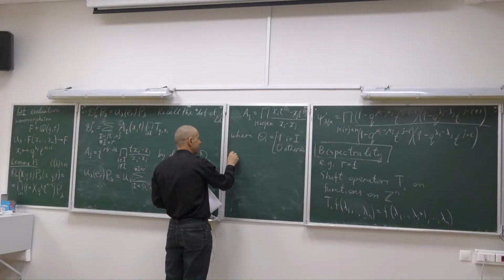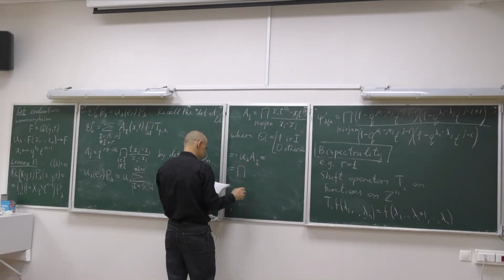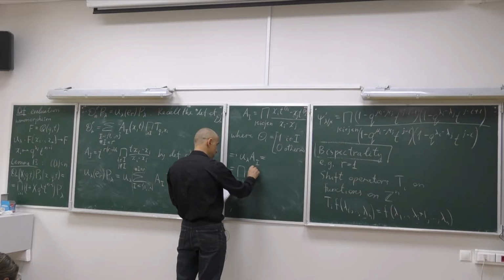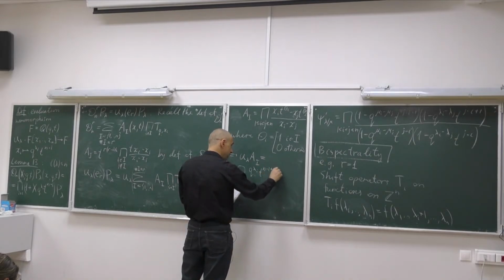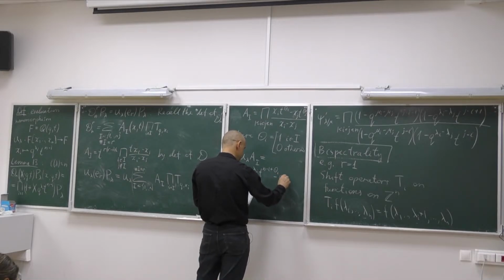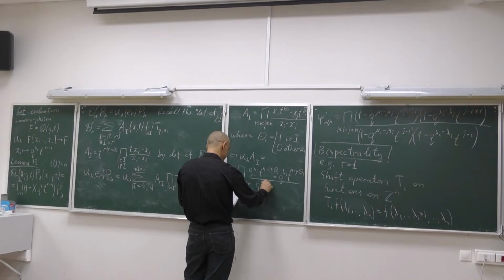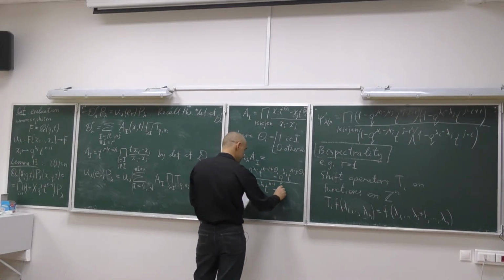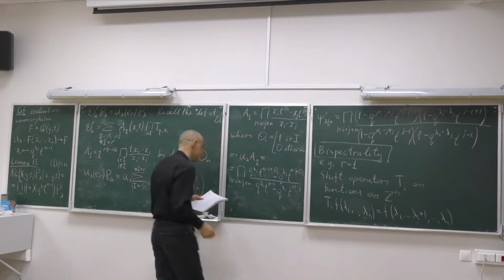But now I can evaluate, and I get the product over i less than j of q to the power lambda i, t to the power n minus i plus theta i, minus q to the power lambda j, t to the power n minus j plus theta j, over q to the power lambda i, t n minus i minus q to the power lambda j, t n minus j.